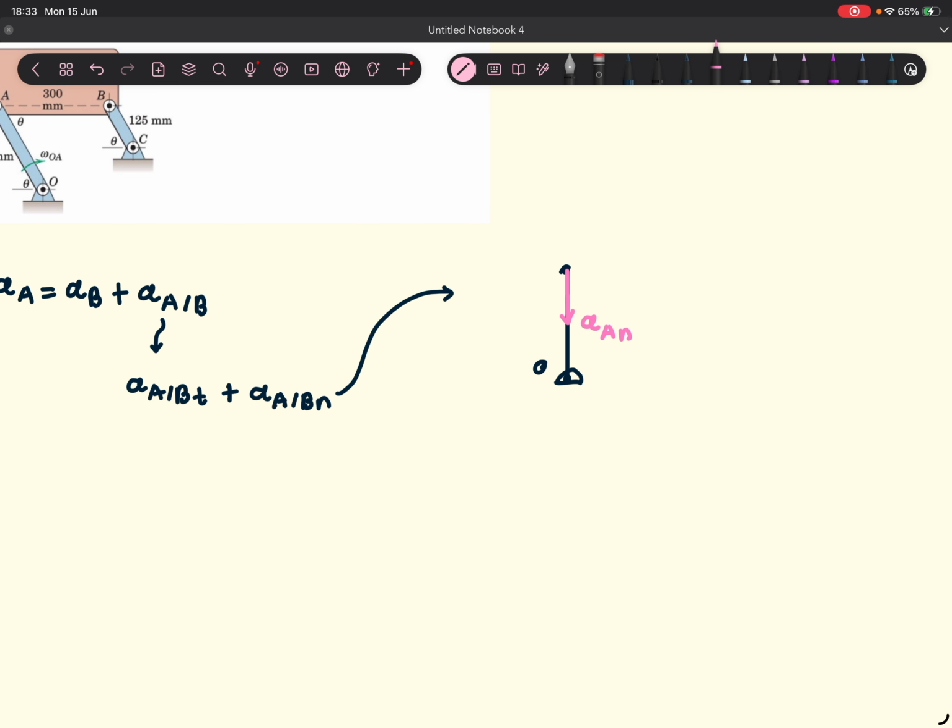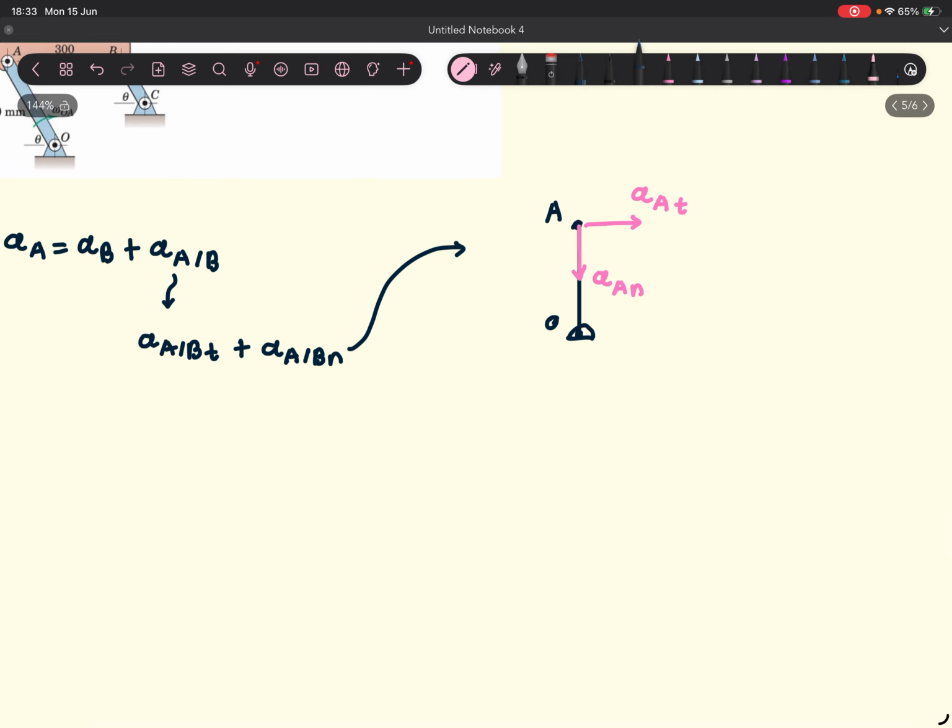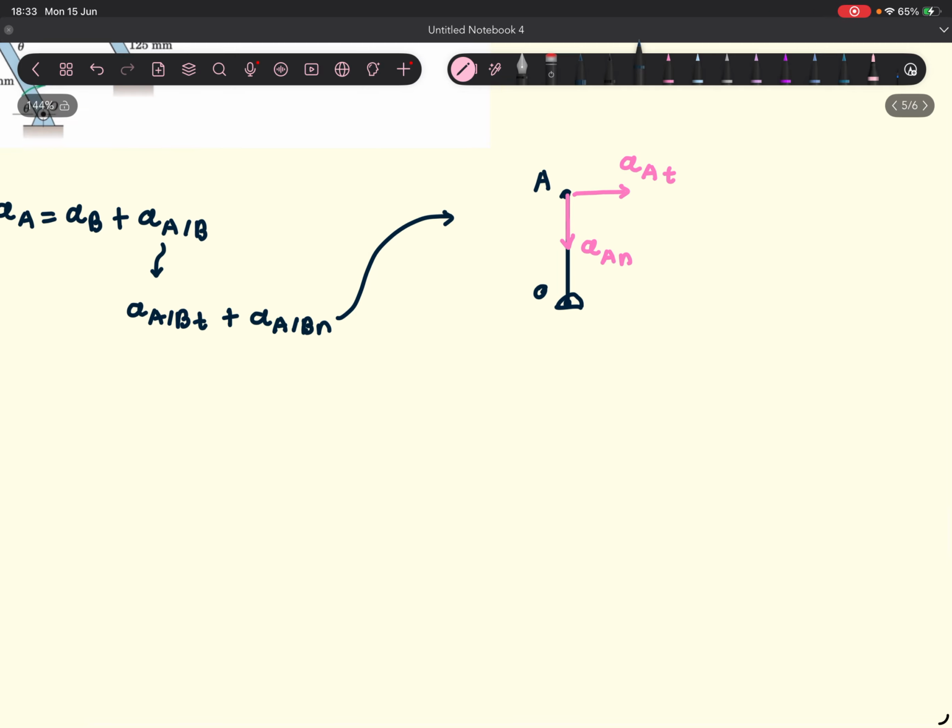And then we're going to have a tangential component, acceleration of A tangential. Now that's for fixed axis rotation, and in this case this perfectly describes the acceleration of point A.